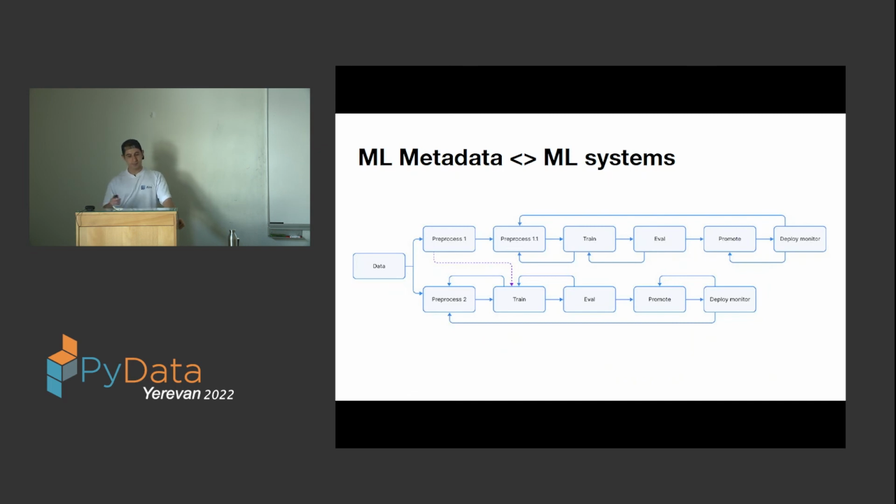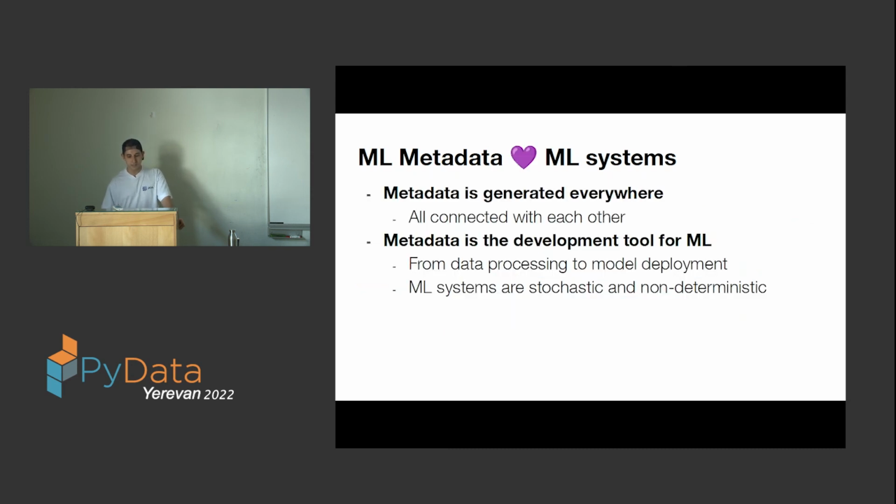Yeah, and so basically all these complex systems are to be connected with machine learning metadata, and this is the kind of interpretation of machine learning metadata in ML systems. Machine learning metadata in ML systems is generated everywhere. They're all connected with each other, all these different metadata. Why? Because you want to keep track of things as much as possible.